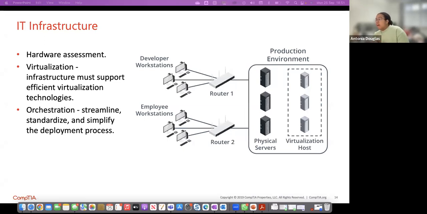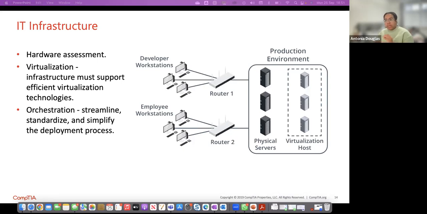Specifically, infrastructure as a service solutions in the cloud are entirely virtualization based. So your infrastructure must support efficient virtualization technologies. So we've got a few points there: your hardware assessment, your virtualization and orchestration.